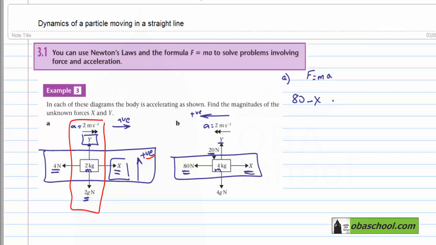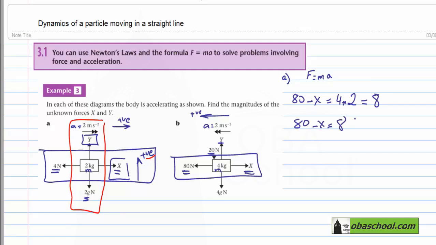So 18 minus x is equal to ma, which is mass multiplied by acceleration. Mass is 4 kilograms multiplied by the acceleration a, which is 2 meters per second squared. Then there is 18 minus x, that's equal to 4 multiplied by 2, which is equal to 8 kilograms multiplied by meter per second squared.